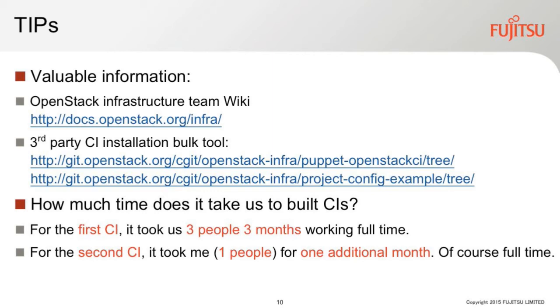I'm going to show you how I sped up in the next slide. I show you this data to tell you that if you are going to build a CI for the first time with no information, it will take you that much time, I think. So preparing earlier is better.